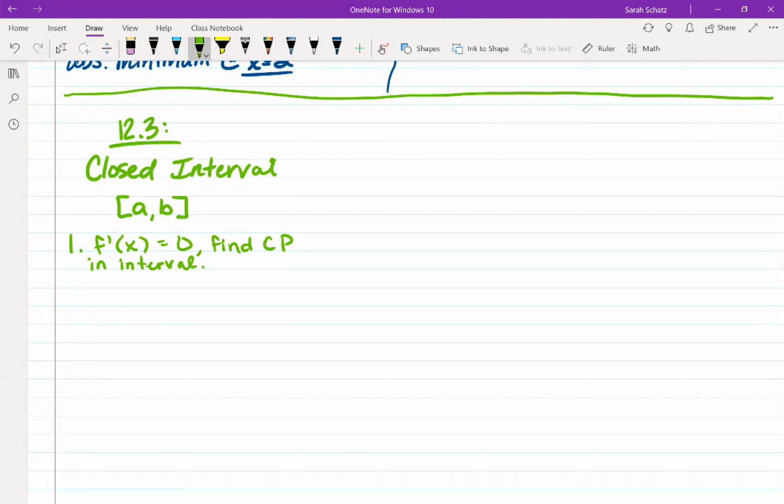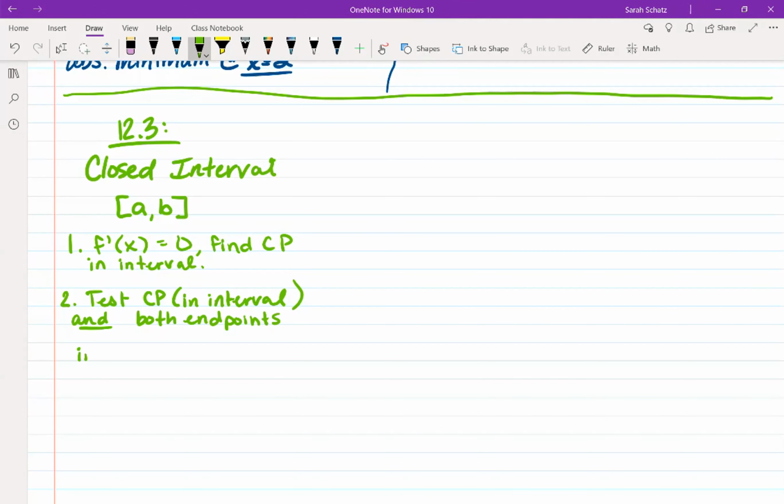What do I do next, though? I don't test those critical points in a derivative, right? I test critical points that are in your interval, let's note. So I was trying to put the two words together. You test critical points that are in your interval and both endpoints. You always have to test both endpoints in the original function.